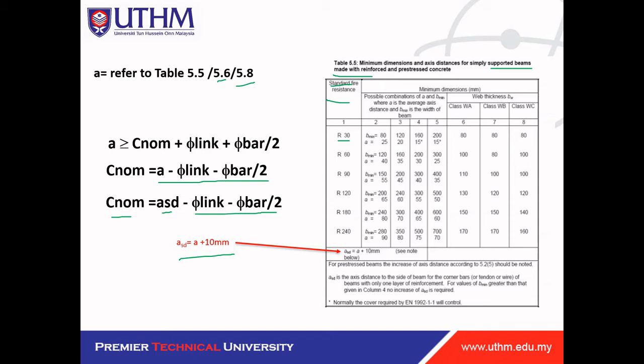So you can see the value for B min, okay, B min is 80. So what is the value of A? Okay, so you can check this. Let's say you want it to last for 30 minutes and your B minimum is only 120, so your A will be 20. And then ASD is A plus 10 mm.